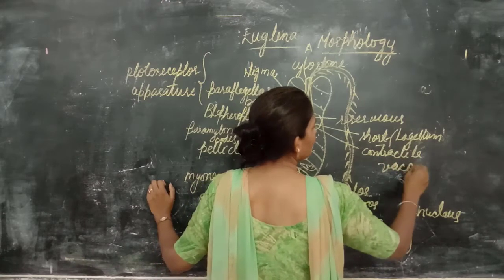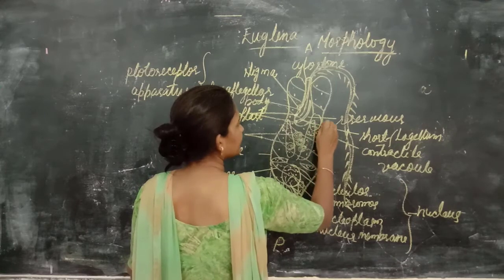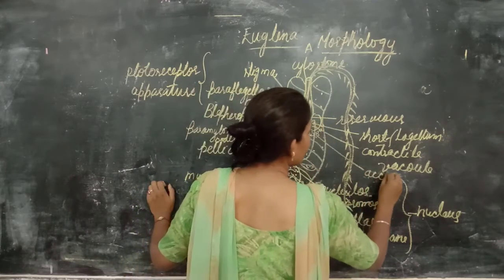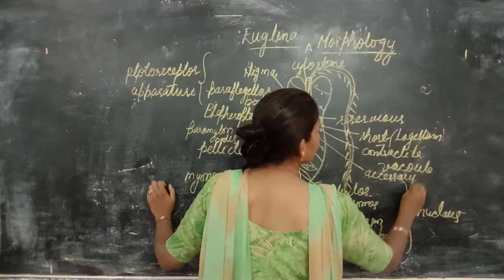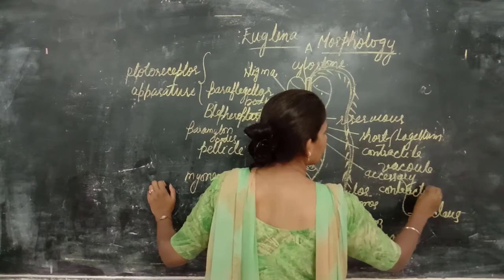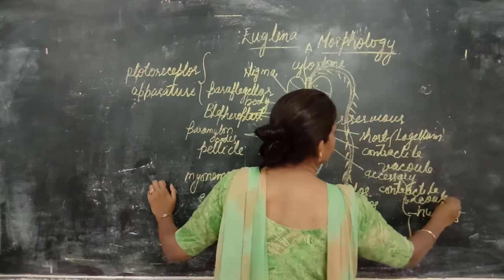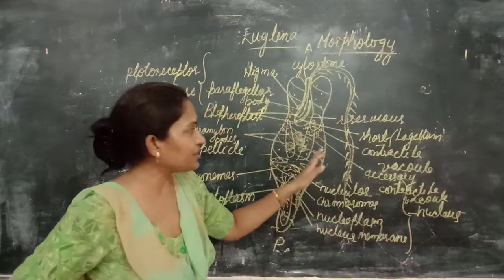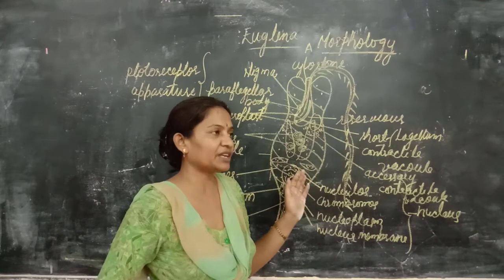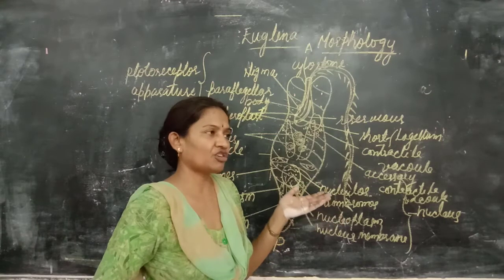The contractile vacuole is present just beside the reservoir, and these are the small accessory contractile vacuoles.